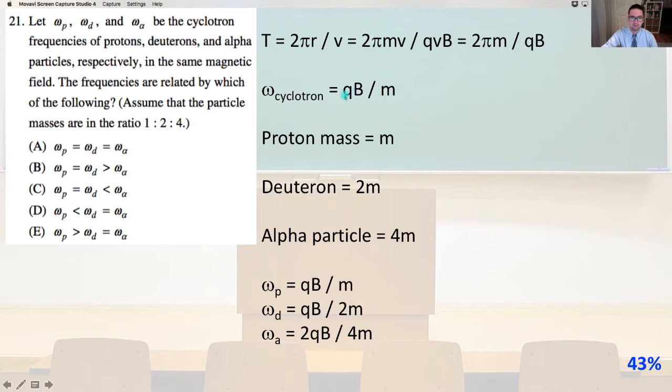If you notice the 2 in the charge up top, that's because there are 2 protons, and the 4m comes from the 2 protons and 2 neutrons. So, therefore, W of P is going to be greater than W of D, and 2 over 4 is the same as 1 over 2, so W of D and W of alpha are going to be the same, and that is answer E.